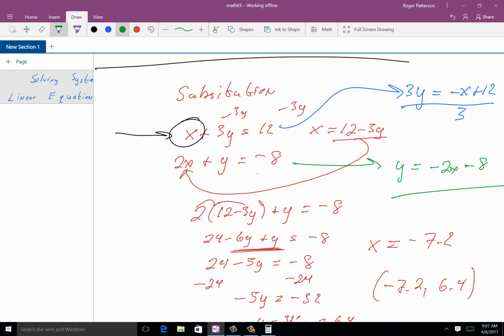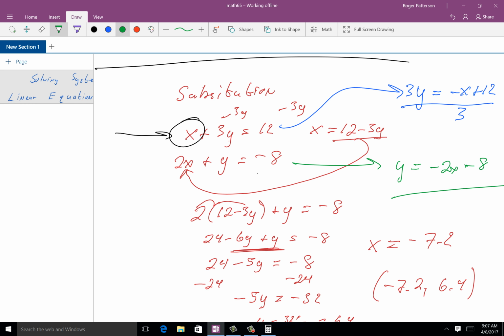Now, this first equation that I did, the negative x plus 12 all has to be divided by 3. So I'm going to put parentheses, negative x plus 12, parentheses, divided by 3. So the whole thing is divided by 3. And what's nice is it shows it to you. You go, that's exactly what I want. So I want to leave that one alone.